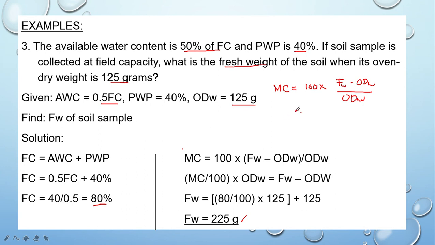So our MC is 100 multiplied by 225 minus 125 over 125. We should get an 80% here.